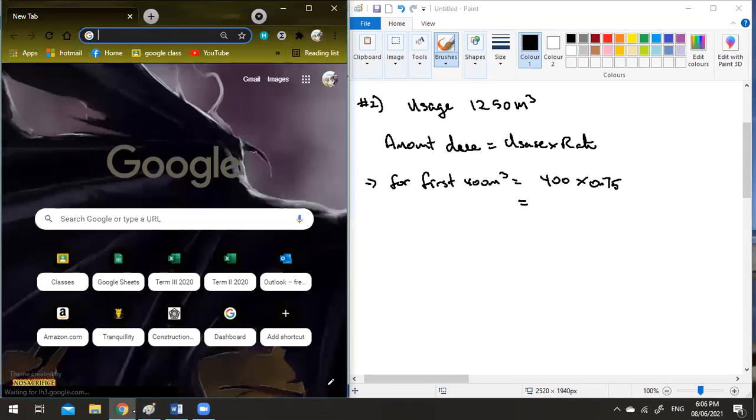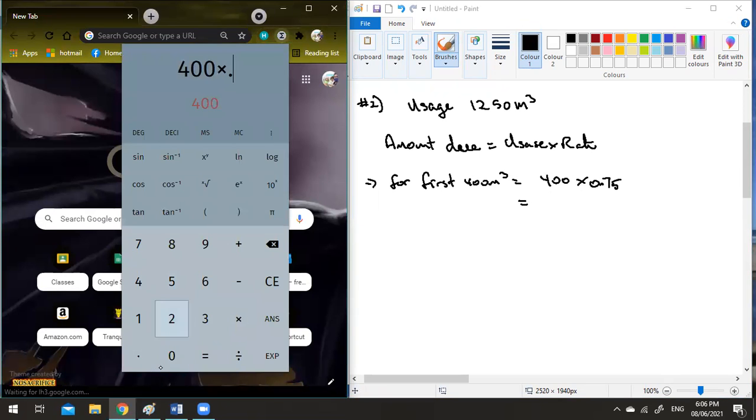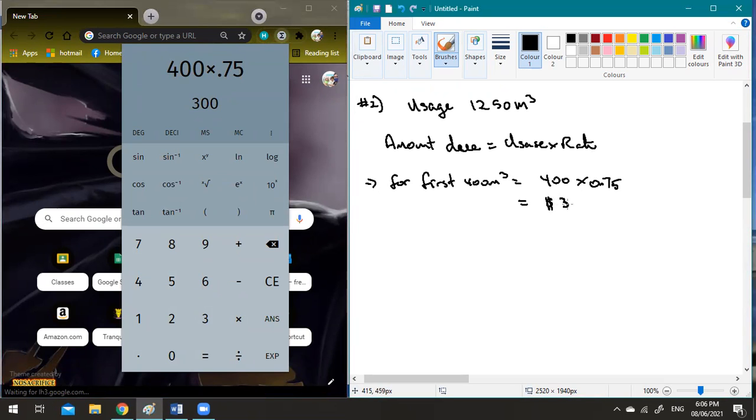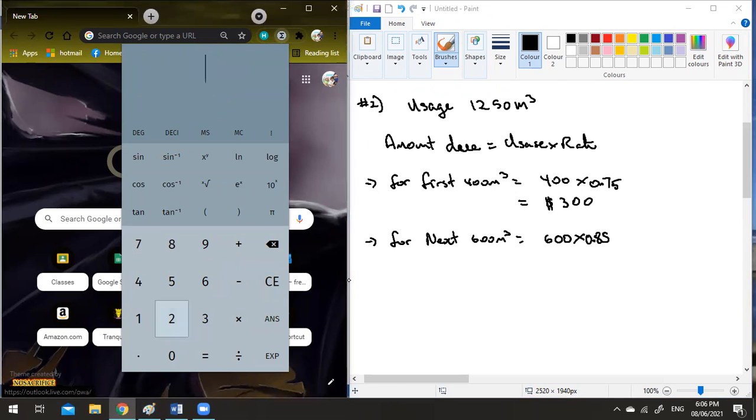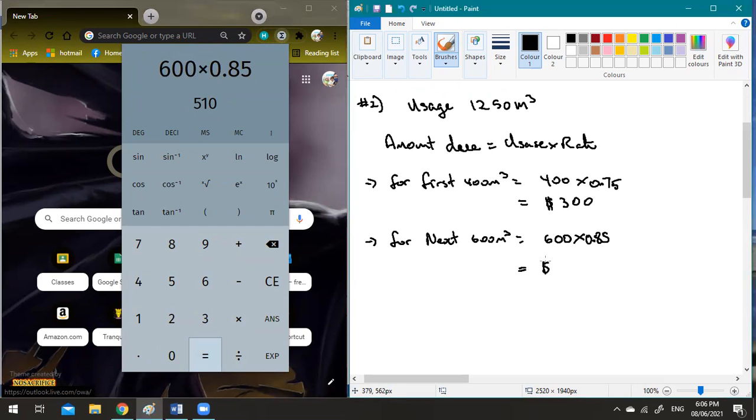So 400 by 0.75 equal $300. So the next 600 will be 600 cubic meters by 85 cents. 0.85. So 600 by 0.85, which is $510.